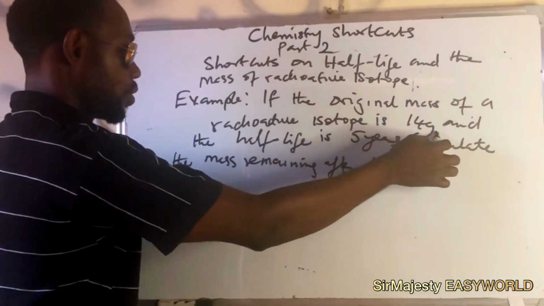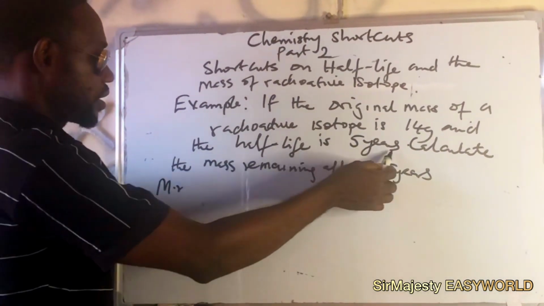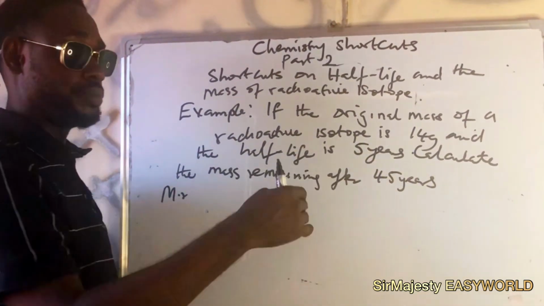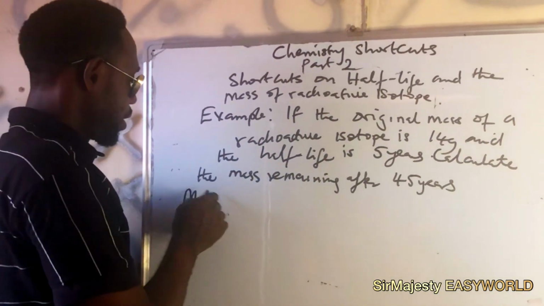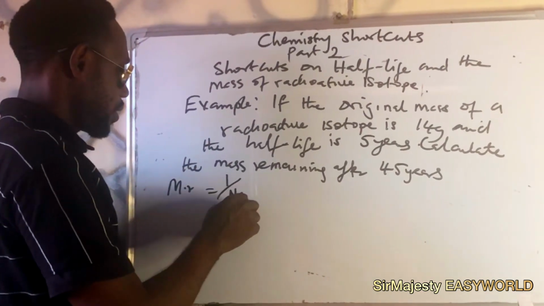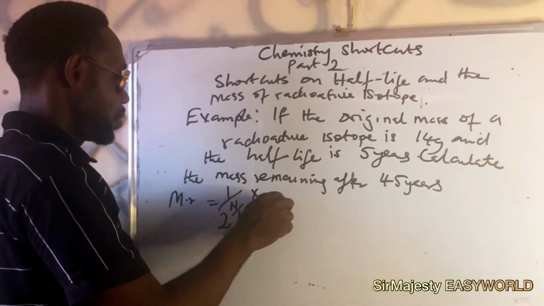If I change this to number of atoms, you still use the same formula. If this is in minutes, you still use the same formula because this is time. Time can be in minutes, seconds, years, or months. So now, mass remaining is equal to 1 over 2 raised to power n over half-life times original mass.